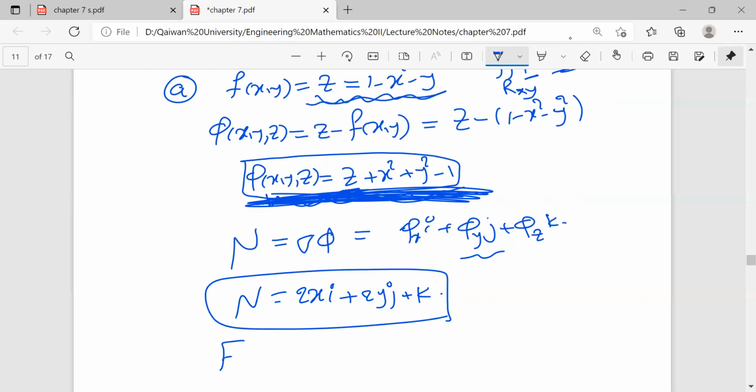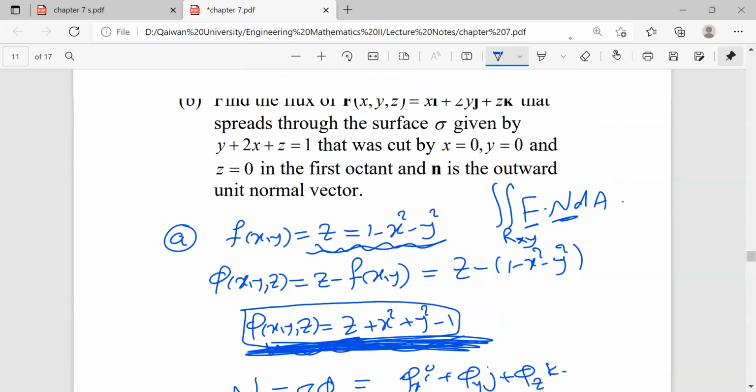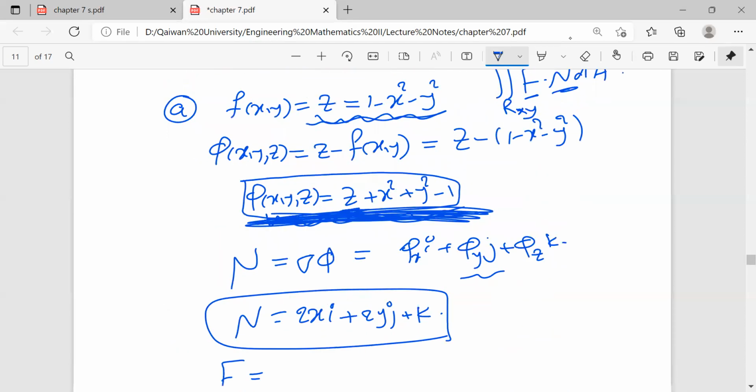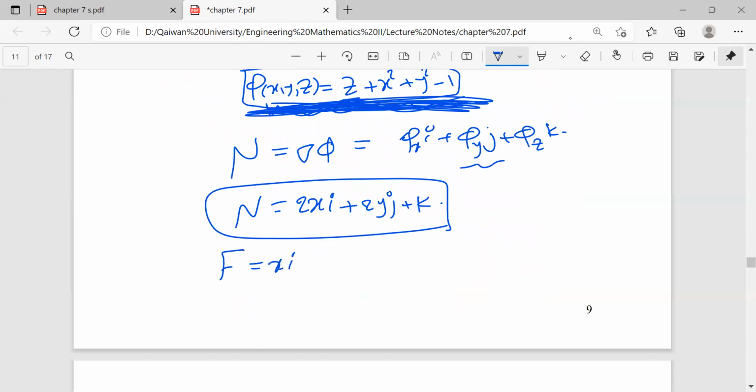And you also have given F, which is xi plus yj plus zk. Here we find the dot product of these two vectors. The dot product of these two vectors is multiplying the similar components: i by i, j by j, and k by k.